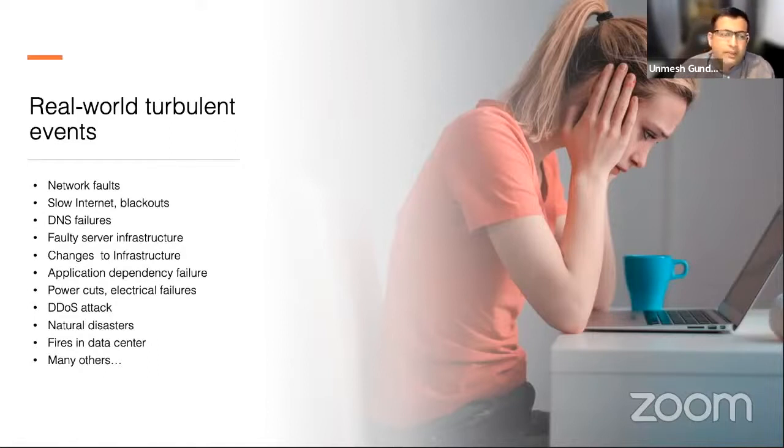The Facebook outage was caused by a hardware failure, and even the AWS outage was caused by a hardware failure, along with some software configuration as well. But anything can happen within your system, and it has the potential to bring down your system and impact your customers.